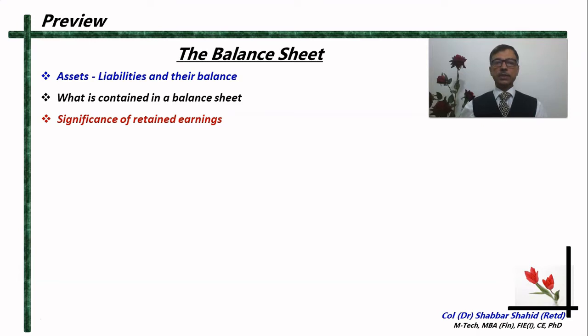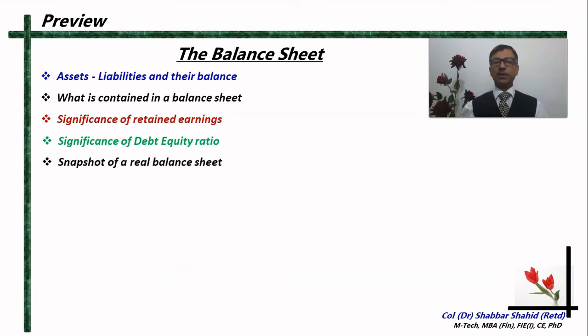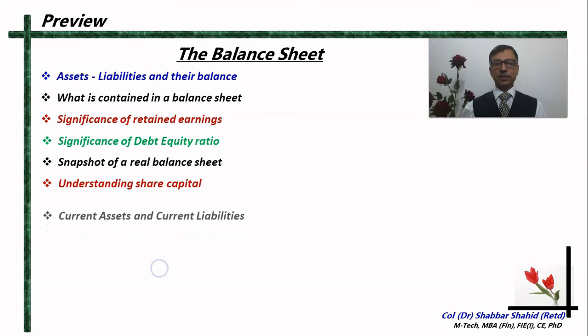We shall cover this in great detail. And then we shall talk about the significance of debt equity ratio. Thereafter, we shall see the snapshot of a real balance sheet from the website, and then try to understand what is the share capital which is mentioned in the balance sheet.